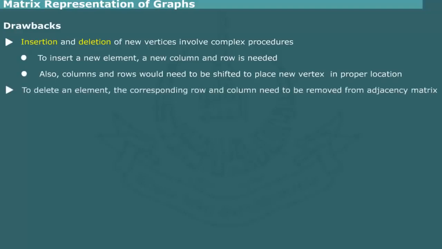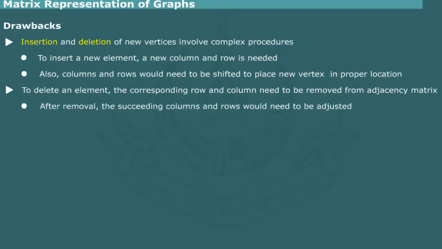In order to delete a vertex, we remove the corresponding row and column from the adjacency matrix. However, after removal of matrix elements, we would need to shift the succeeding rows and columns to update the adjacency matrix. This is a time-consuming operation, particularly if the column or row to be deleted happens to be towards the end.